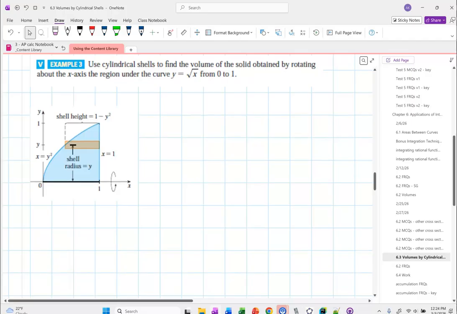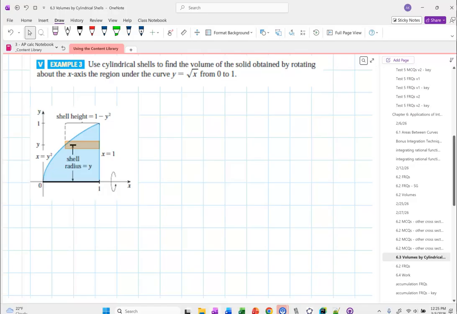All right. The next example says, use cylindrical shells to find the volume of the solid obtained by rotating about the x-axis the region under the curve y equals square root x from 0 to 1. So here we're rotating about the x-axis. I would not do this as a shell problem. It's fine to do it as a shell problem, and it's not hard.